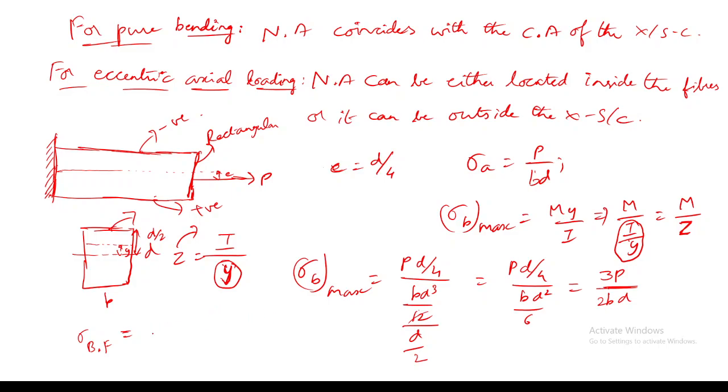Yes, it will be the summation of axial stress plus the bending stress, and here both are tensile. So we are writing P by BD plus 3P divided by 2BD, which equals 5P divided by 2BD, and here it is tensile.